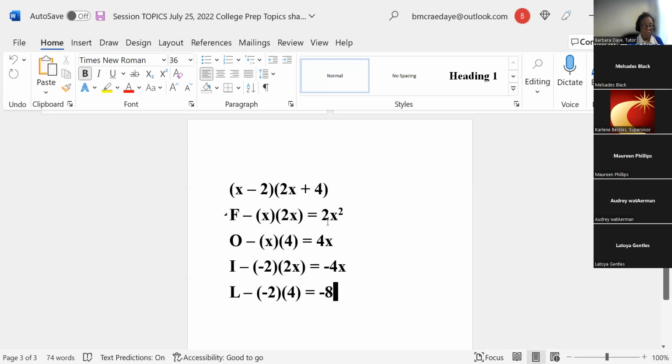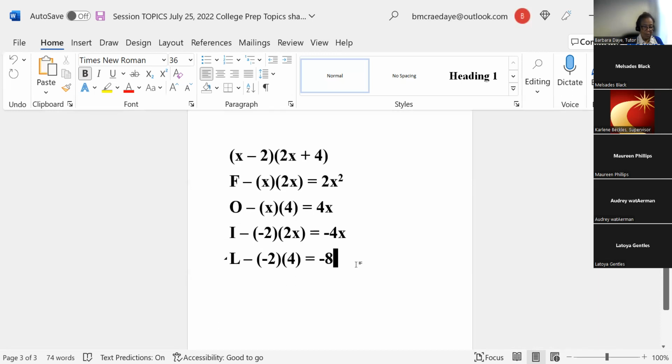Now, what you do is combine all of these: the 2x squared, the 4x, the minus 4x, the minus 8. What you got from FOIL, just combine them.